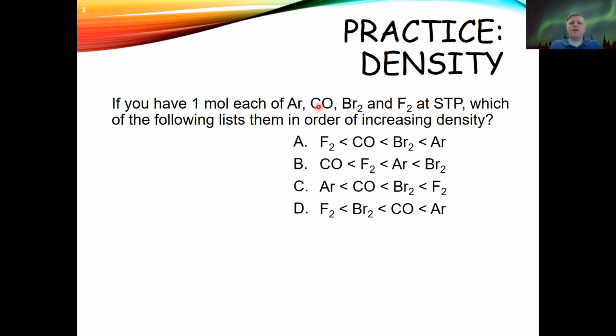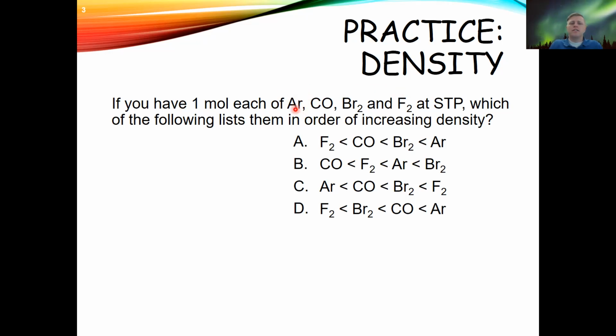For example, I know that carbon and oxygen are lowest on the periodic table, so those two added together are going to be our lightest gas. The next element on the periodic table is fluorine, so F2 is going to be lighter than Br2. And I can remember that argon is in between fluorine and bromine.